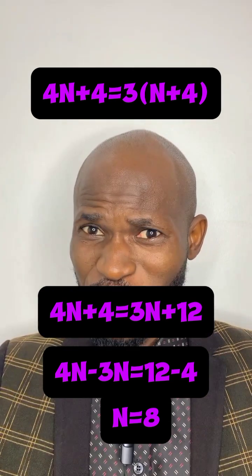Simple. But we're not done because we need to find the age of his father. The son's age now, which we indicated as n at the beginning because we did not know what it was, is now 8 years. But the father's age was 4n. So you can say 4 times 8 since n is 8.